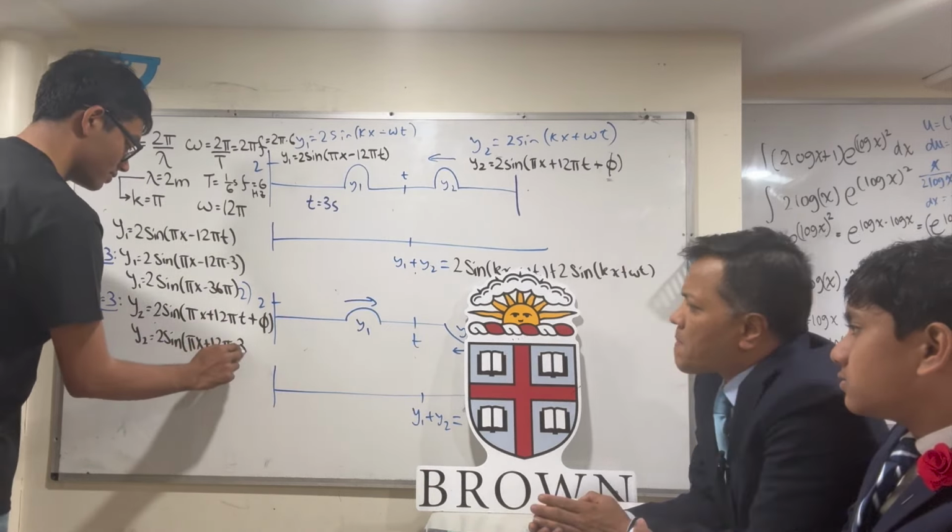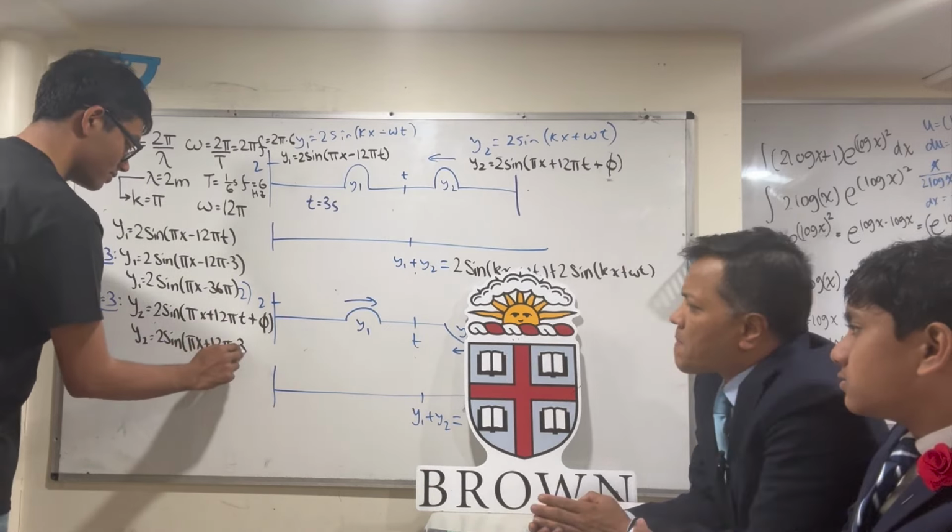At t equals 3 seconds, what is y1? Y1 is 2 sine pi x minus 12 pi times 3, 36 pi. Y2 is 2 sine pi x plus 36 pi minus 72 pi.